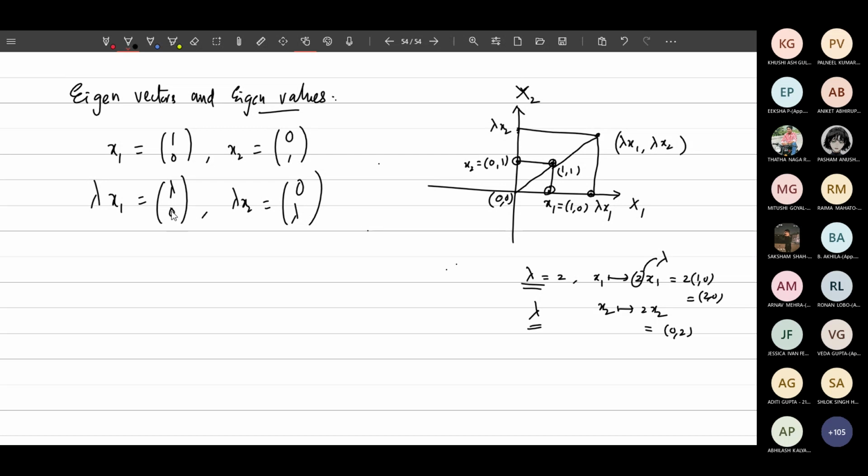Now if there is a matrix A such that Ax equal to lambda x, what is this A? I'll write the columns: the first column is 1, 0, the second column is 0, 1, and x stands for the column vector x1, x2.